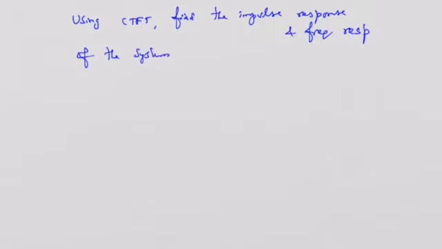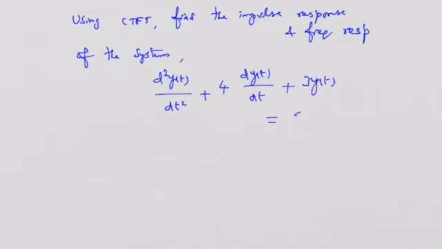Let me find the impulse response h of t and the frequency response H of j omega of the system described by d squared y of t by dt squared plus 4 into dy of t by dt plus 3 into y of t is equal to d by dt of x of t plus 2 into x of t.